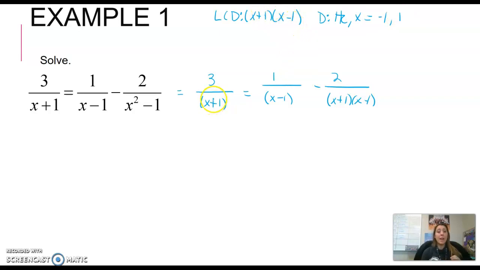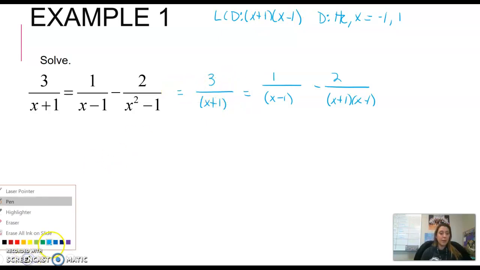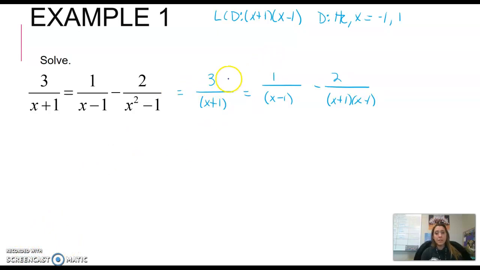Okay, so now what I'm going to do is multiply my lowest common denominator all the way across. So I am going to do x plus 1 times x minus 1 all over 1, and I'm multiplying. And then I'm going to do the same thing here, x plus 1, x minus 1 all over 1. And then I'm going to do x plus 1, x minus 1 all over 1.